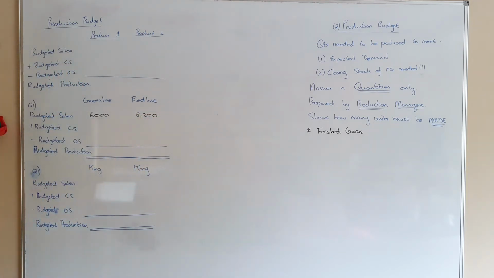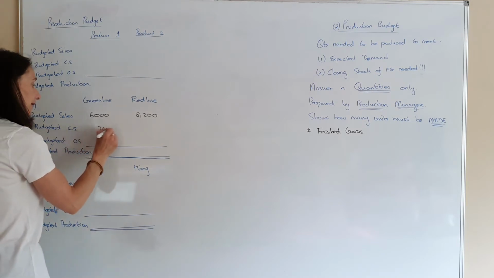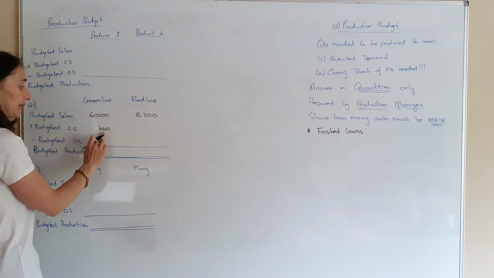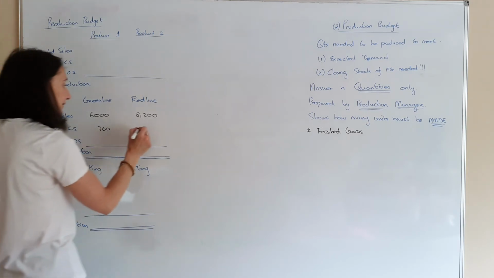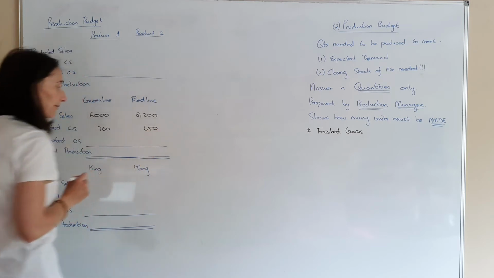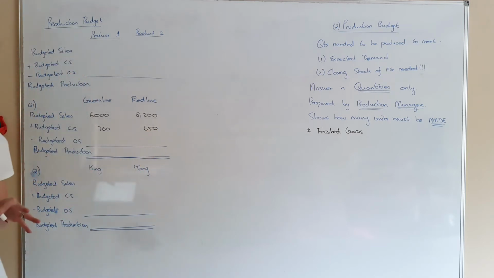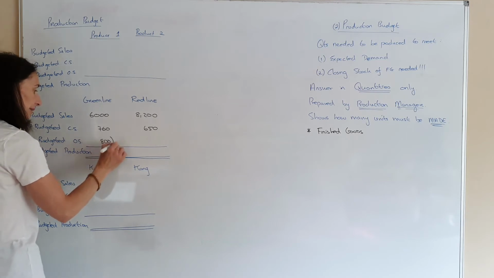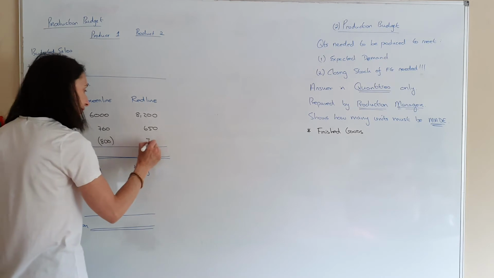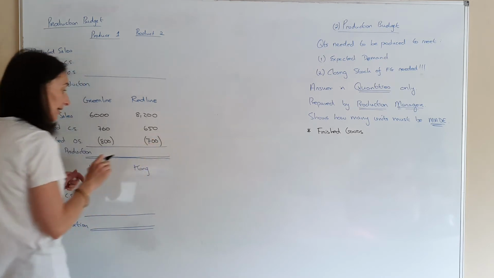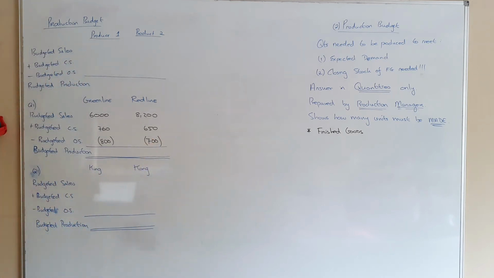Now, at the end of the month, you want your closing stock to be 760 ready for the next month, and you want 650 of Red Lane ready. But before you start off this month, you already had 800 made, so you don't need to make them, so that's why we're taking them away. And you already had 700 of these made, so you don't need to make these. So this will tell me how many units I need to make.